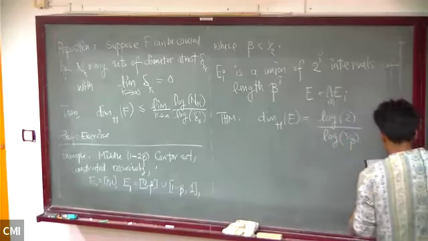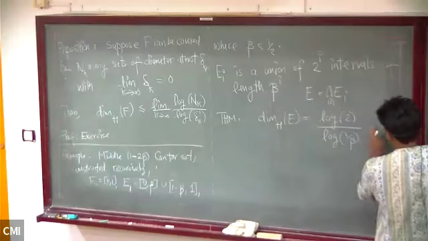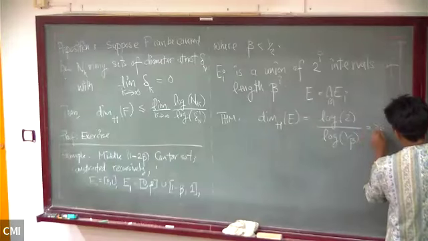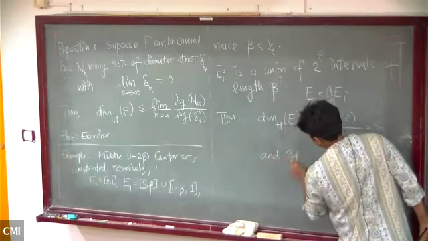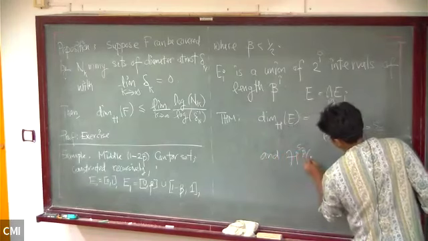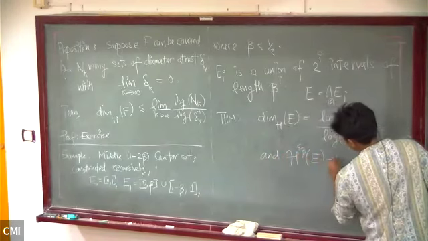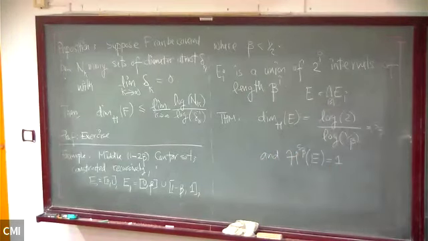And if I call this dimension s, then the H^s measure of this set is in fact 1. So that's another example where we can run yesterday's argument.